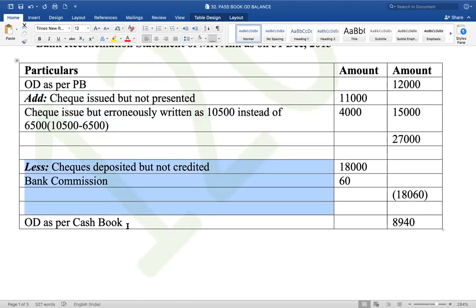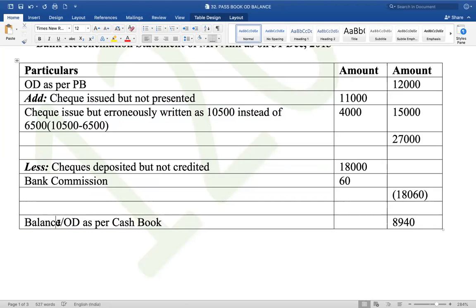Finally, after the adjustment of add and less, you will be arriving at the balance or OD as per cash book. We will check later whether we are arriving at an OD or a favorable balance.